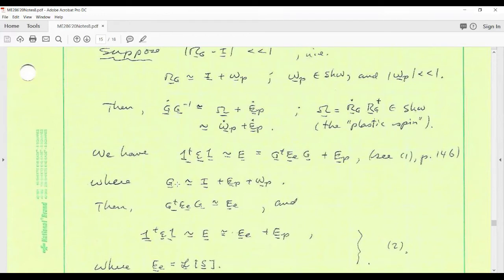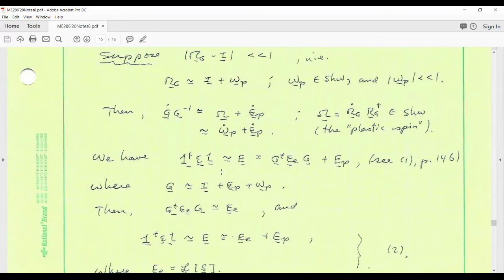G itself is approximated in this way. R_G was this plus this, and then U was identity plus this.